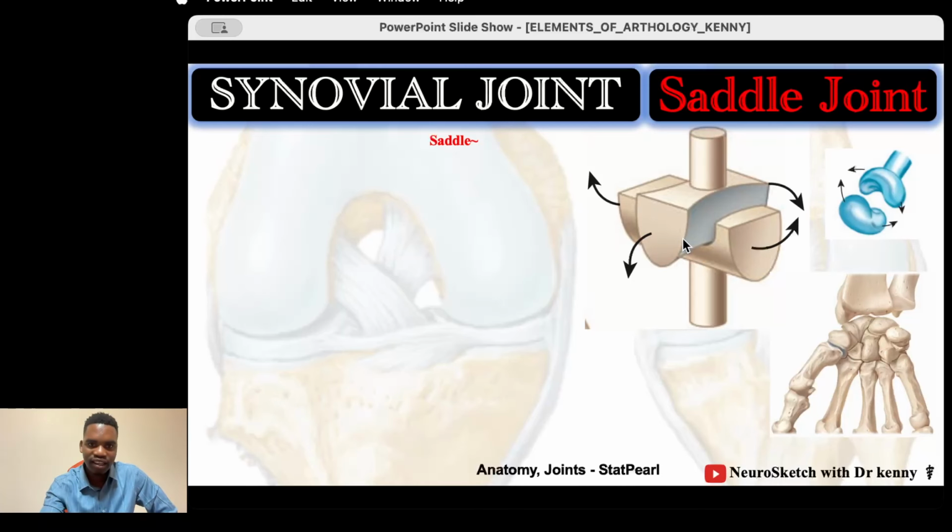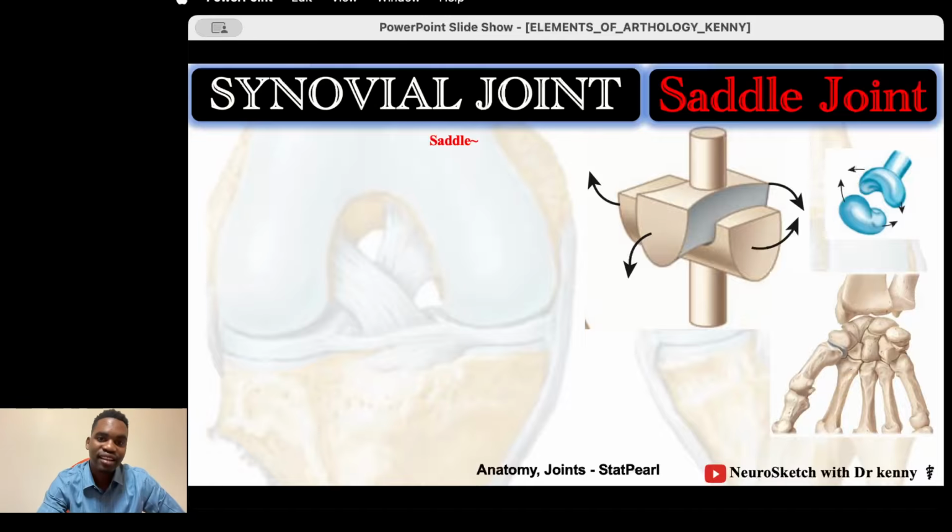You see, this one is a little bit depressed. So we have convex in this direction, but concave in this direction. So it has convex and concave in the same bone, and then the other articulating bone also behaves the same.